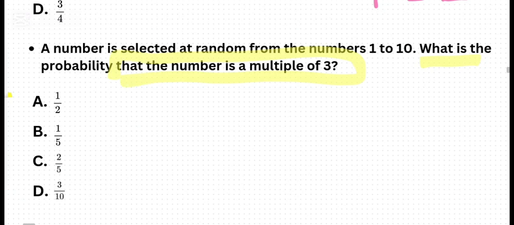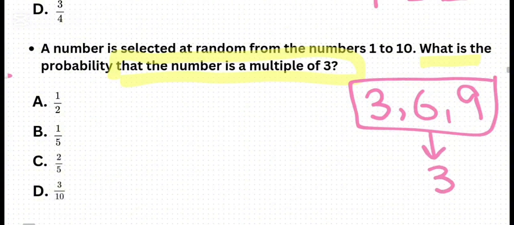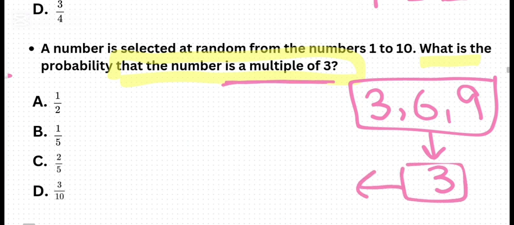So the multiples of 3 in 1 to 10 are 3, 6 and 9, right? So there are 3 numbers. This is the favorable outcome, because they are asking the probability of multiples of 3.